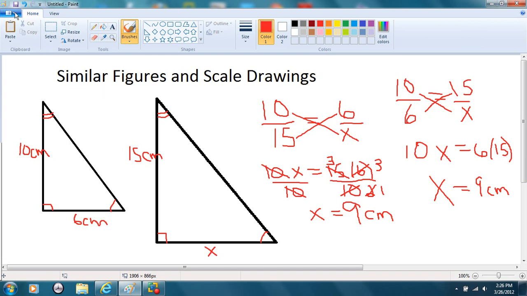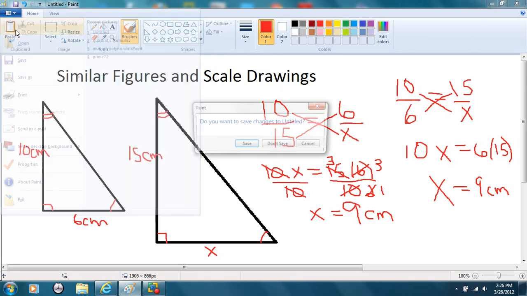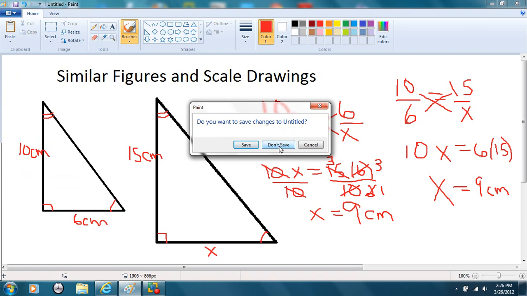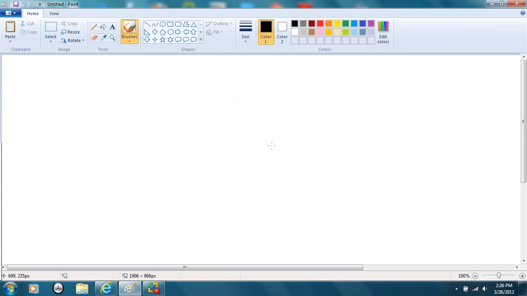Now let's do a little more practical experience. I'm going to get a new page. I won't save this one. Up here I'm going to draw the sun.